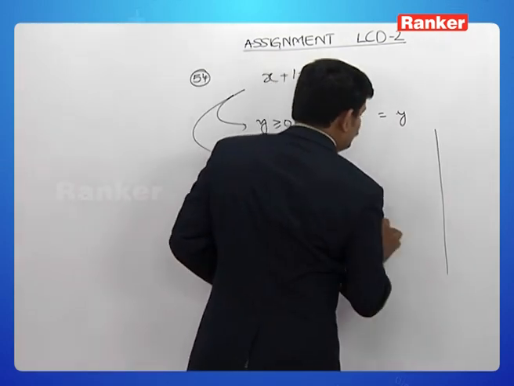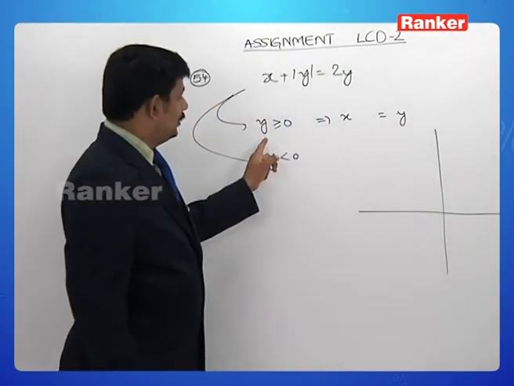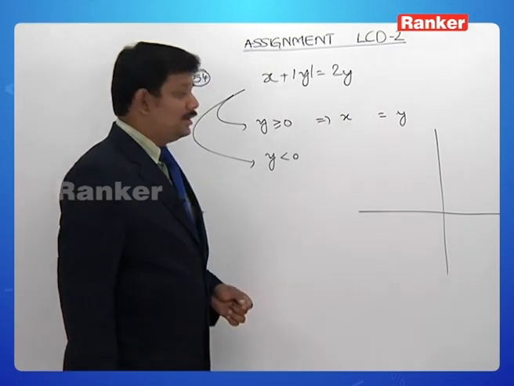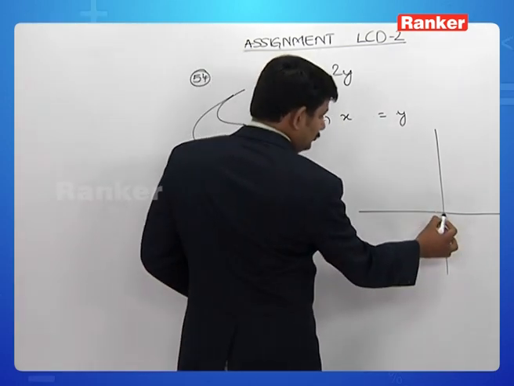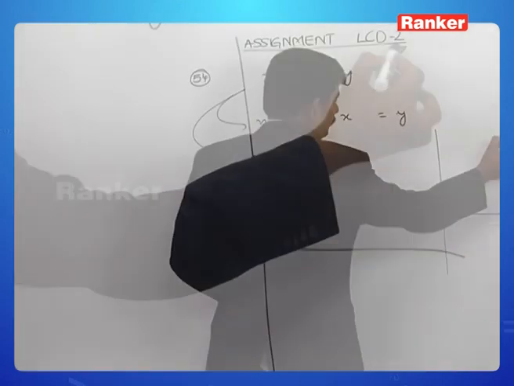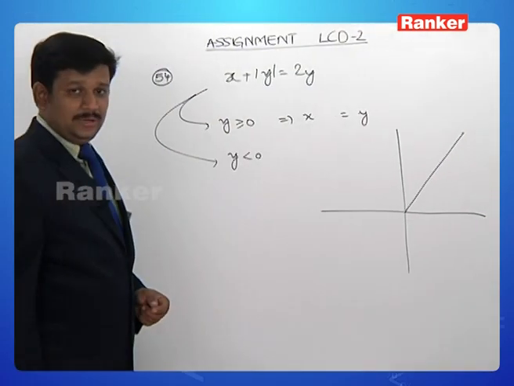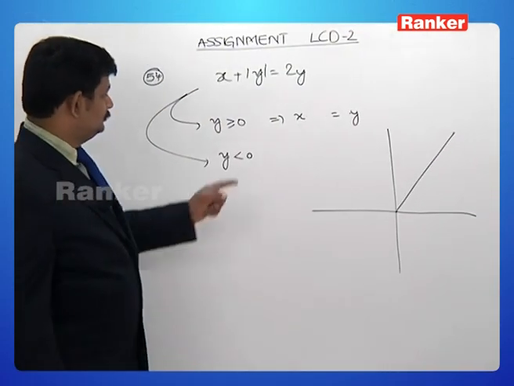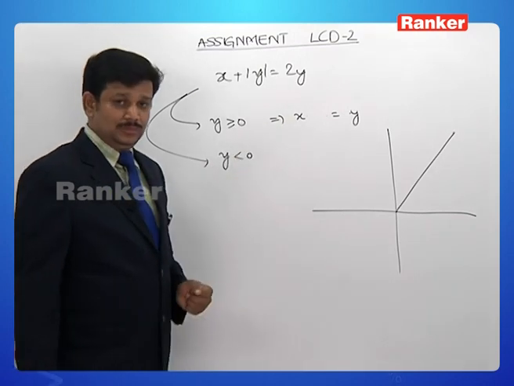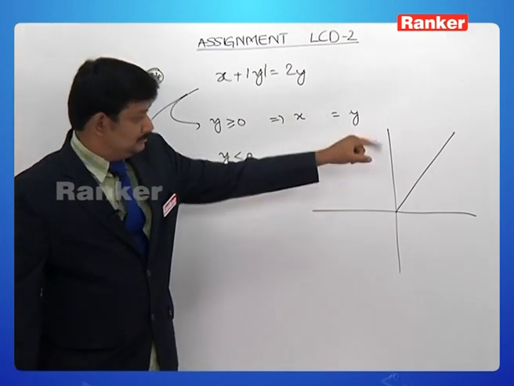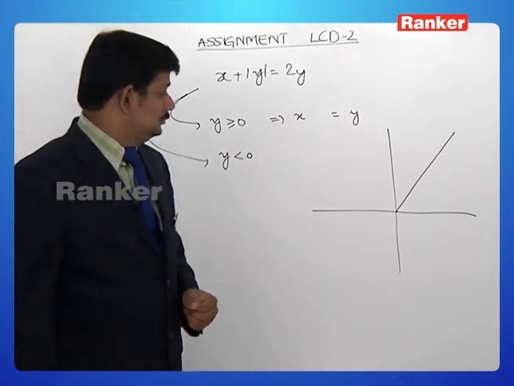If we plot the graph of this function, for all x, y greater than or equal to 0, x is equal to y. X equal to y, we know it is a straight line passing through origin. So whenever x is greater than or equal to 0, it is a straight line y equal to x.